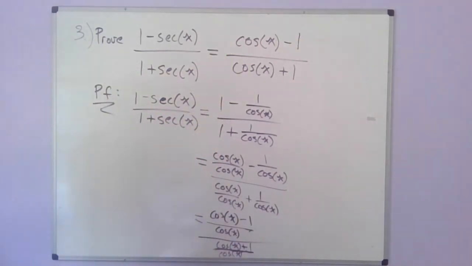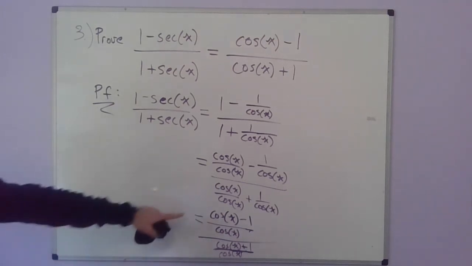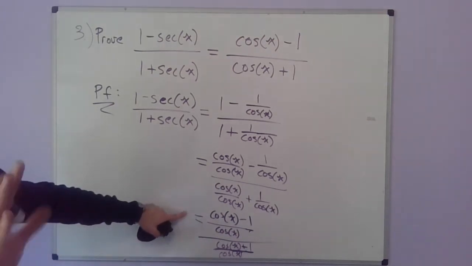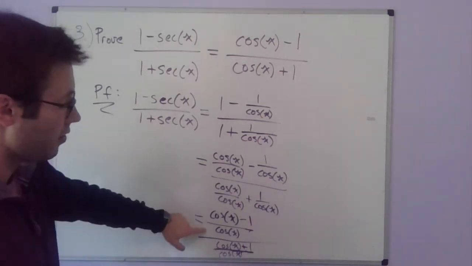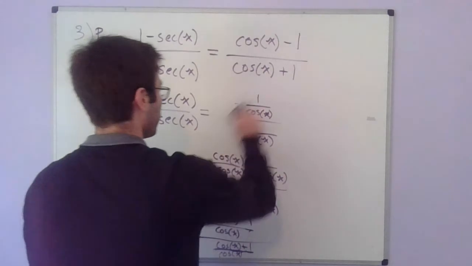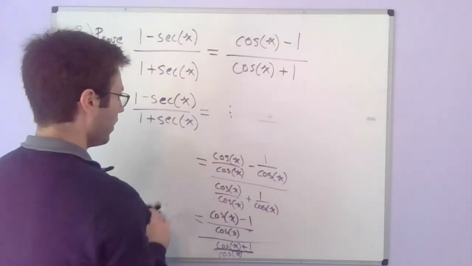Okay. Now, at this point in time, keep working down, but I'm out of room, so I'm going to rewrite this a little bit cleaner. So make sure you keep on going down. I'm going to say this right here is equal to this. I'm just going to write this over here. Okay, so we have some stuff.